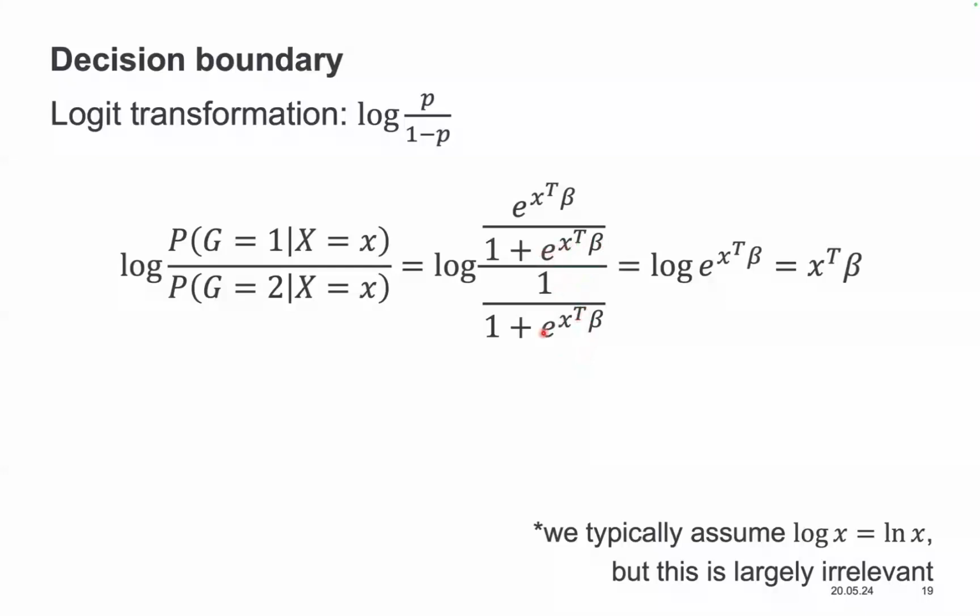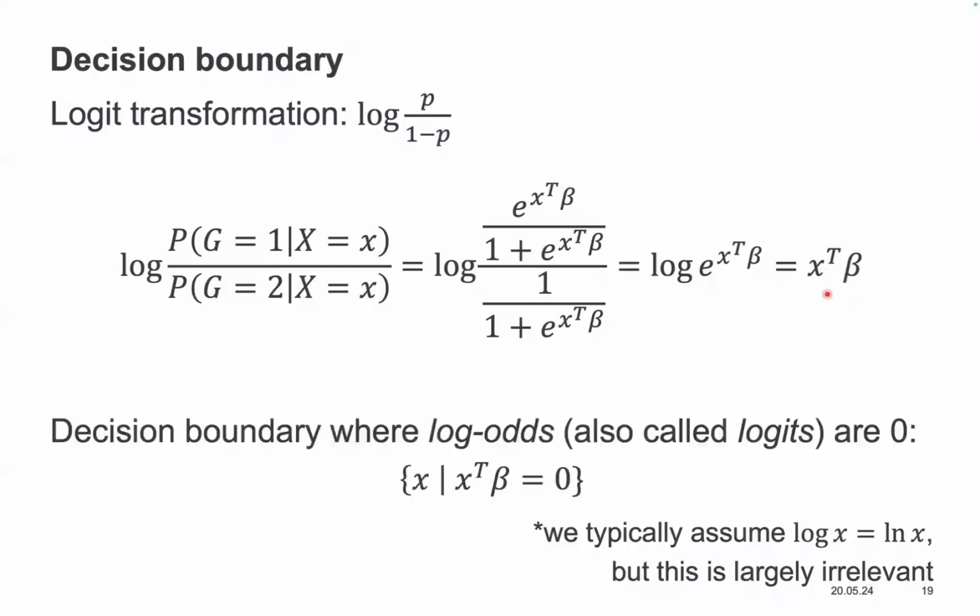Now the denominators cancel each other out, and we get the logarithm of e to the power x transpose beta, and the logarithm of e to the power something is the same as x transpose beta. So the logits that describe the logarithm of the odds that an event happens is just described by this linear component, and that's the component for which we want to learn the beta weights.